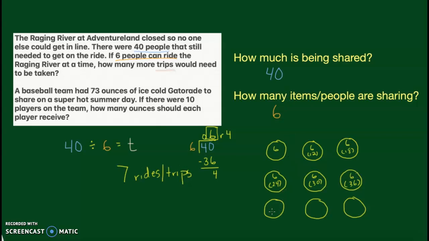Now, if we did 6 more, that'd be 42, so that can't be right. For this last one, there's going to be 4 people on it, which gives us 40. And that would be 1, 2, 3, 4, 5, 6, 7 rafts.